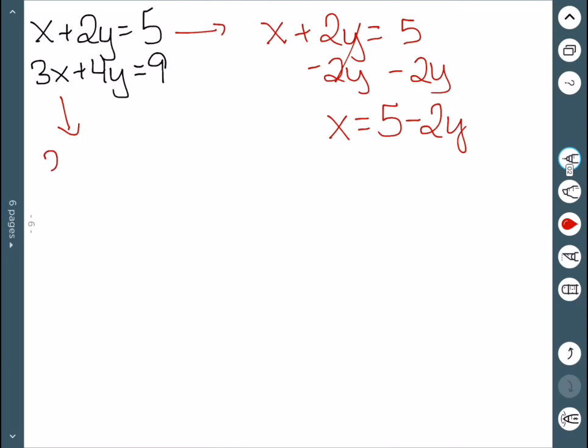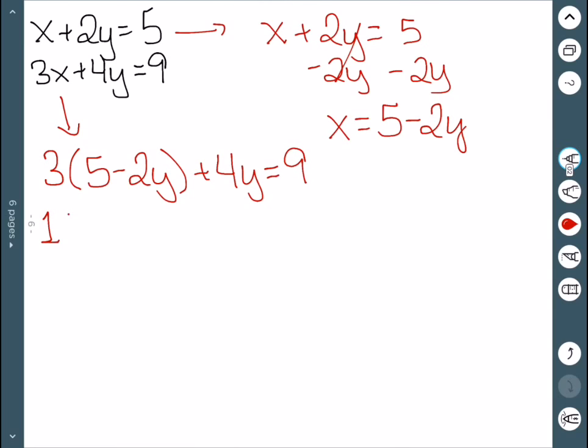I then take my second equation, which is 3 times x. But instead of x, I'm going to write this thing that we just found, 5 minus 2y, plus 4y equal to 9. Multiplying out, this is 15 minus 6y plus 4y equal to 9.